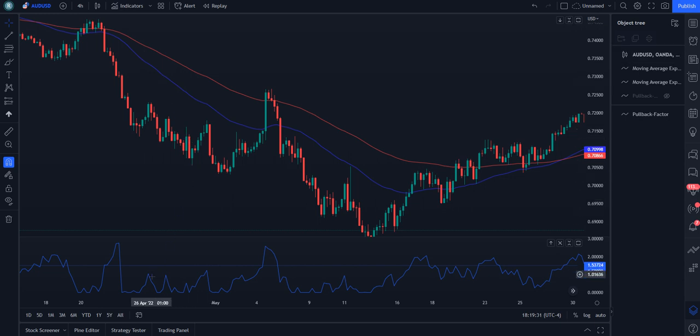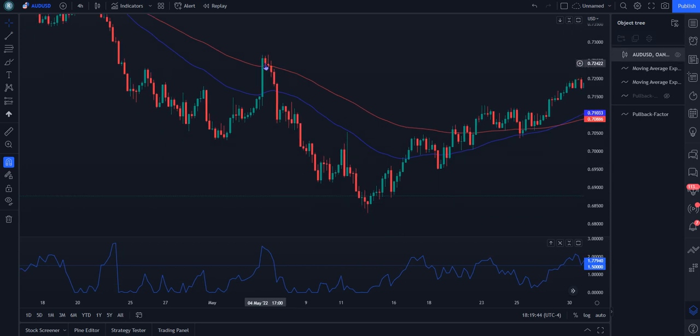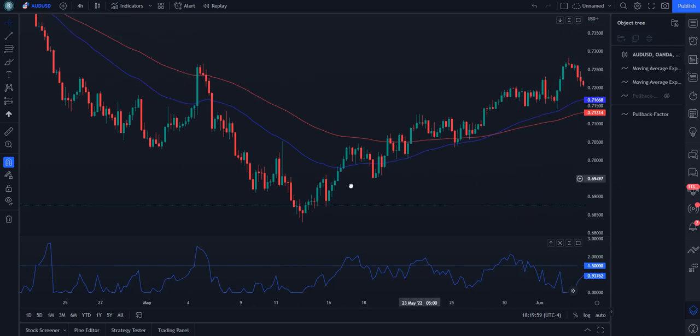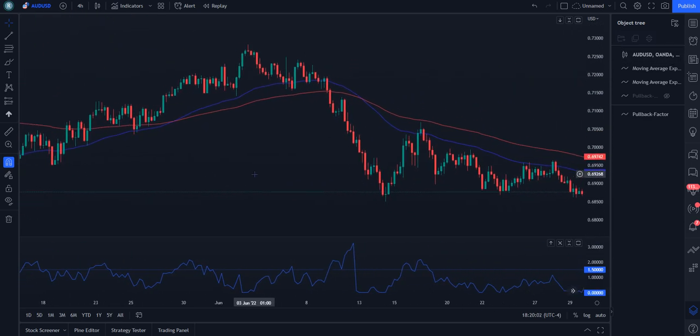So see the oscillator is below here a while and then finally pokes above it as it's touching the MAs, obviously goes above it and then falls hard. And so we can see the pullback factor correctly identified that this retracement was not a change in the trend. It was just the pullback just to continue the overall trend again.